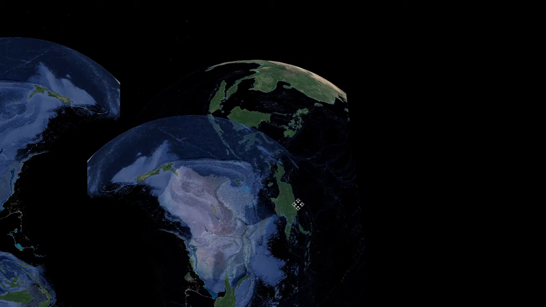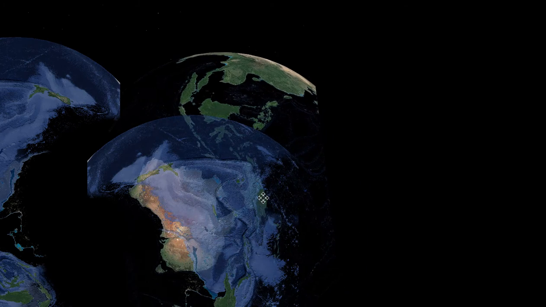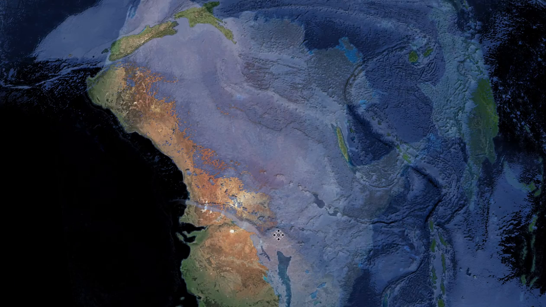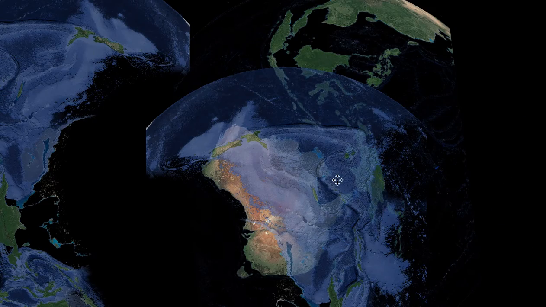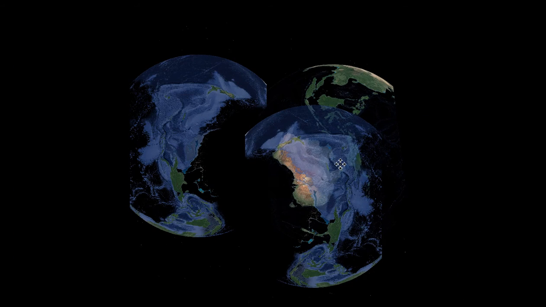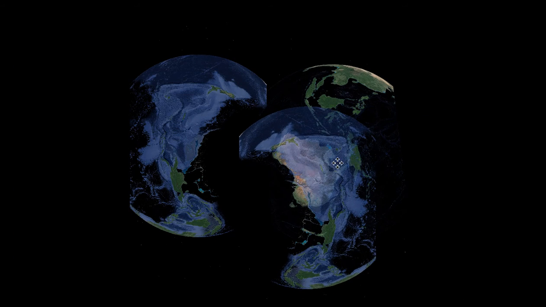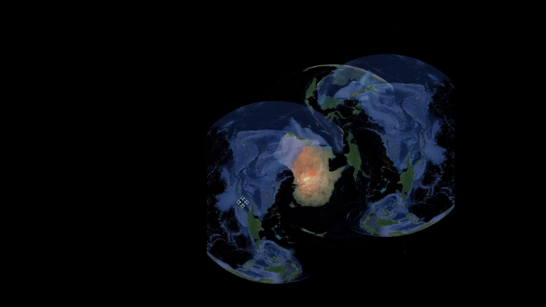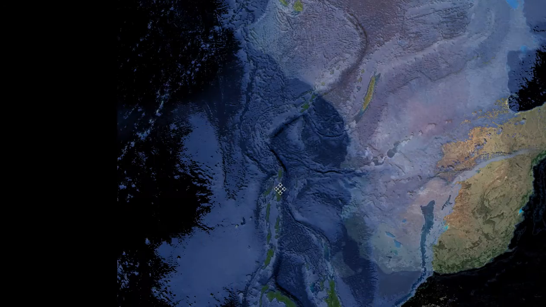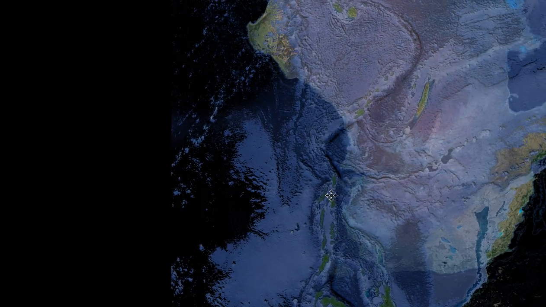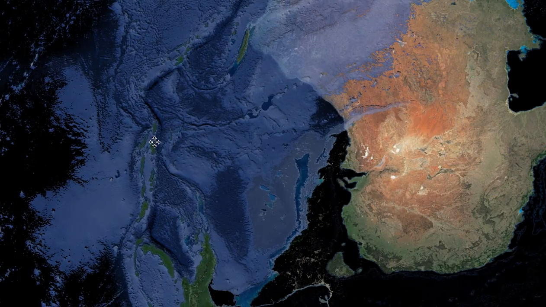You can tell that if I flip this around, this part is going to line up in there because this is spinning. Like right here, see that? And you can see the features underneath.